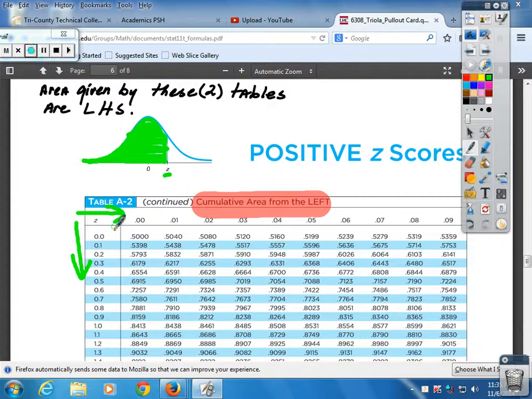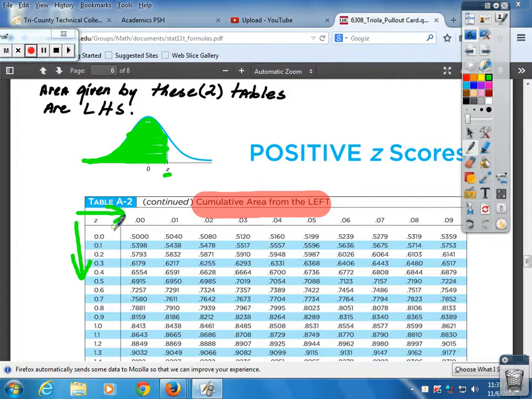So if you have an area, now we know this is 50% right here, right? 0 is 50%. So we know this is going to be, probably around 1, somewhere around there. Put a 1 right there, so it's going to be right around 0.9. And I'll show you how to do that in just a second.